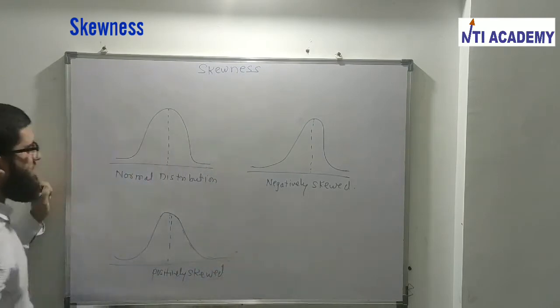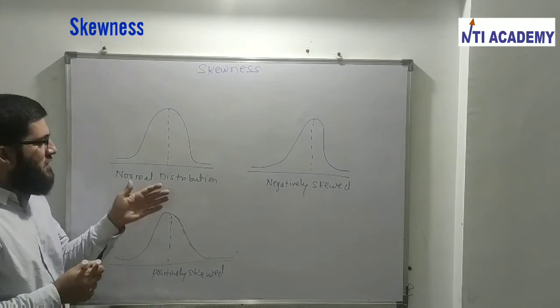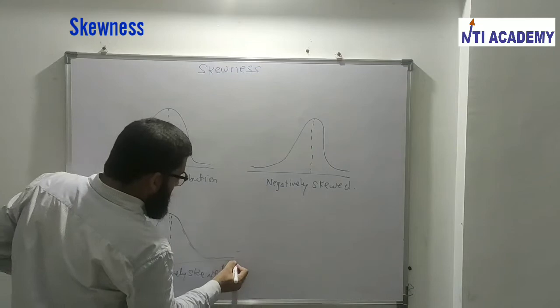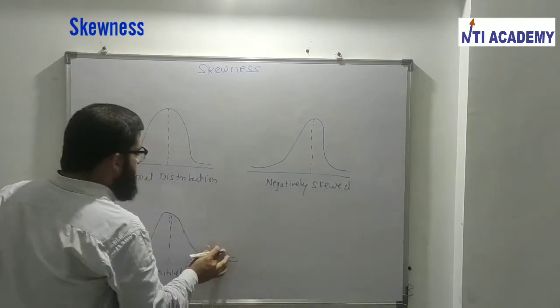So we can have three scenarios. Either it's a normal distribution, or it is negatively skewed, or it may be positively skewed on the right hand side.